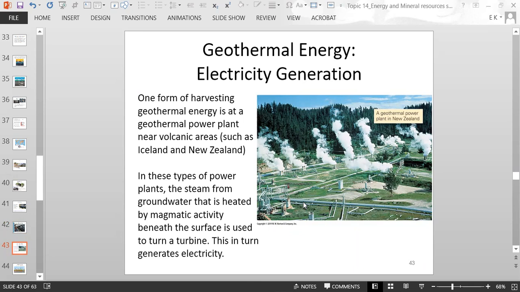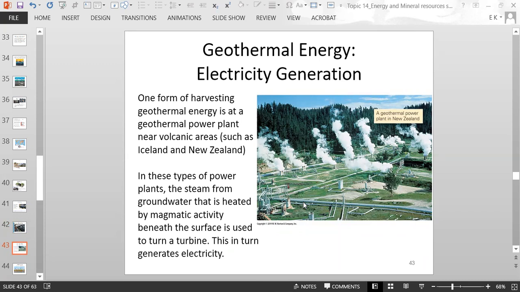So one form of harvesting geothermal energy is at a geothermal power plant near volcanic areas. So for example, in Iceland, which is on the Mid-Atlantic Ridge, you have a permanent magma activity underground. So you have heat closer to the surface because of the magmatic activity.